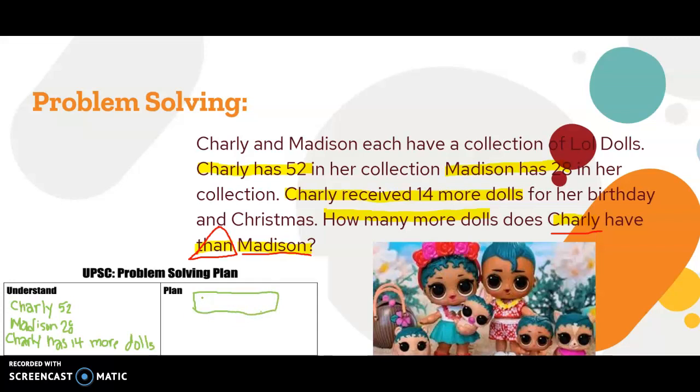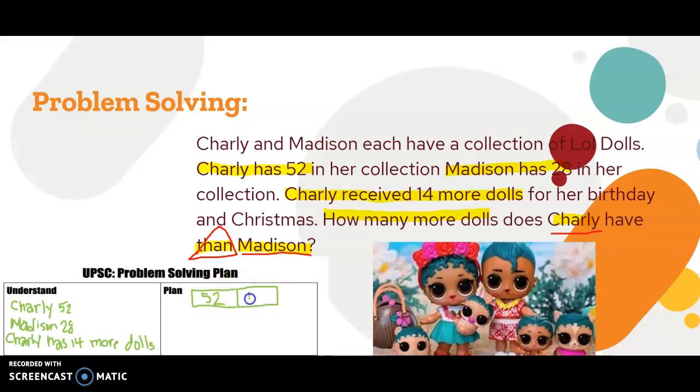And so I know that Charlie has 52 dolls.